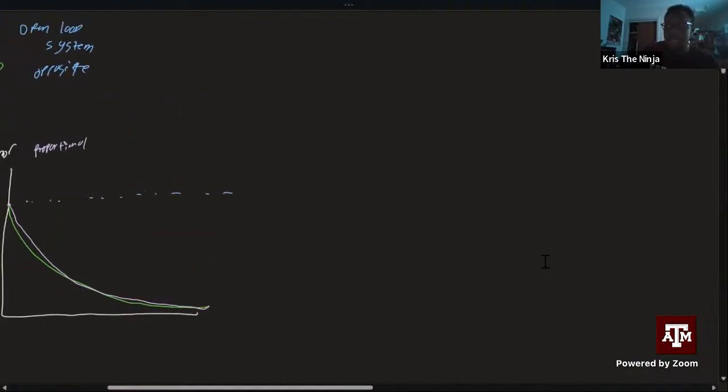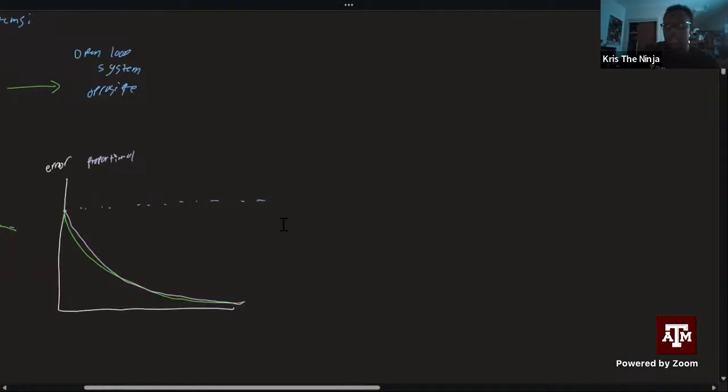Is this gonna update? Is OneNote gonna work today? I don't know if OneNote's gonna work today. Hold on, let me close OneNote real quick.